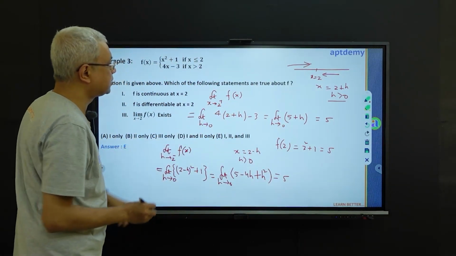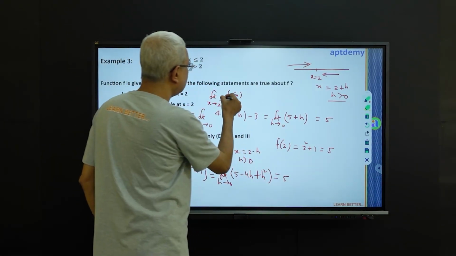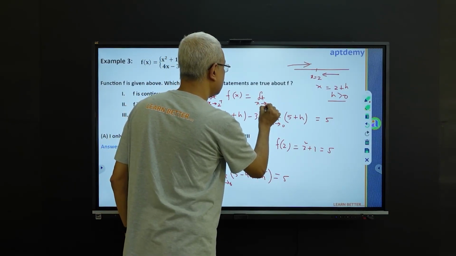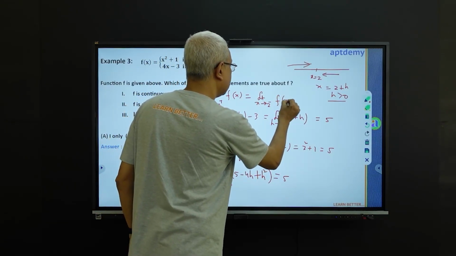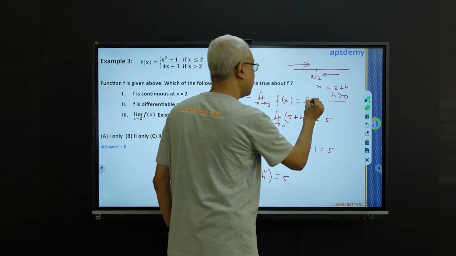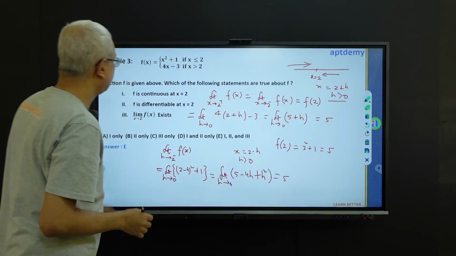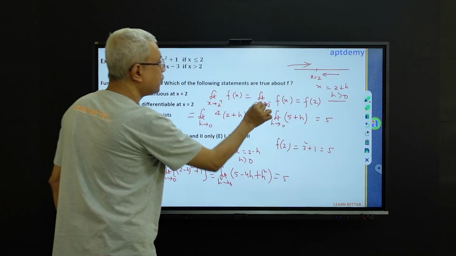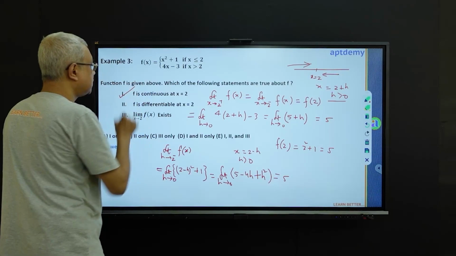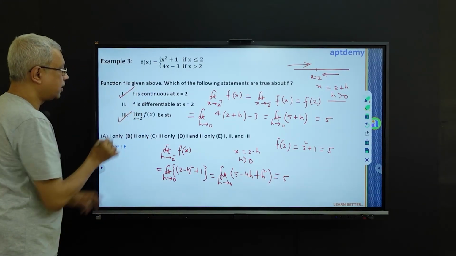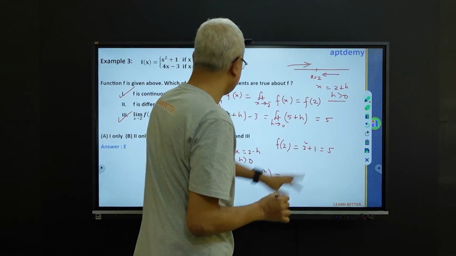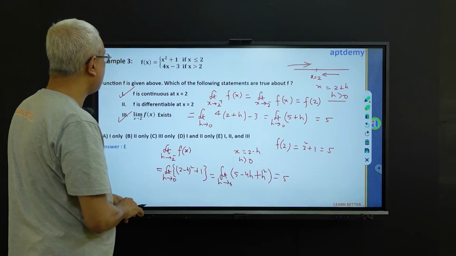So the limit x tends to 2 plus f(x) is equal to limit x tends to 2 minus f(x), which is equal to f(2). So what we can write, f(x) is continuous at x equal to 2. This is correct, and this is also correct because limit x tends to 2 f(x) exists and its value is actually 5.